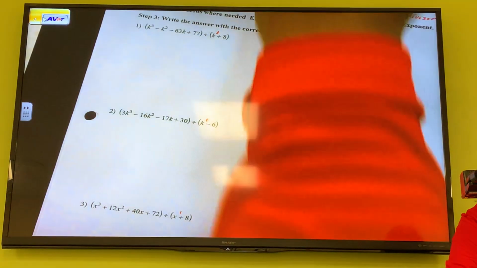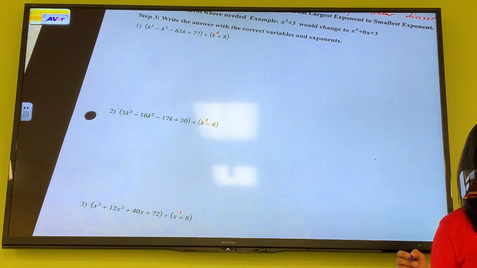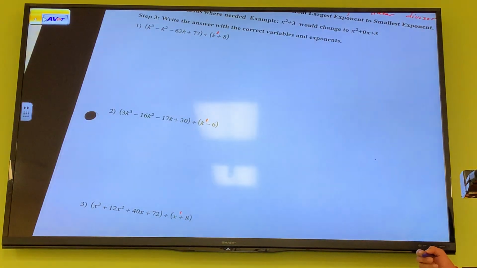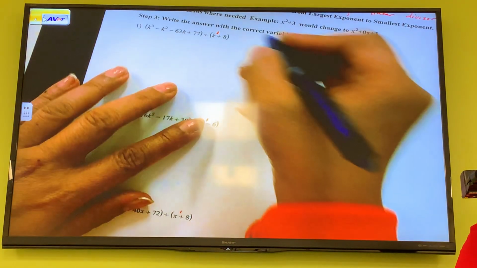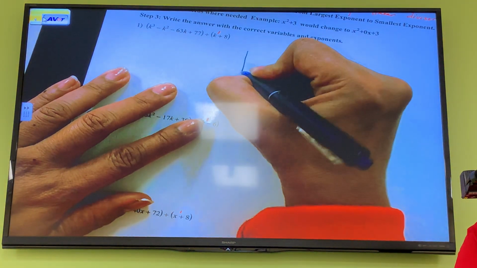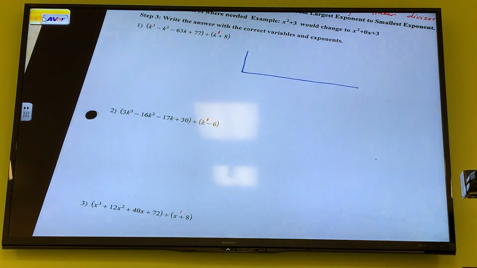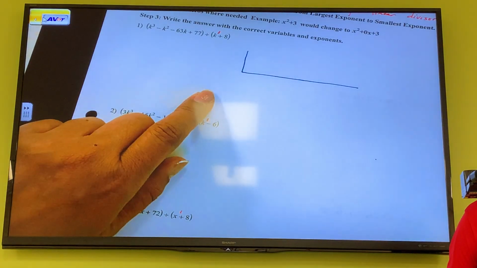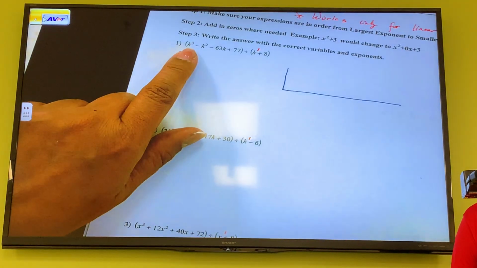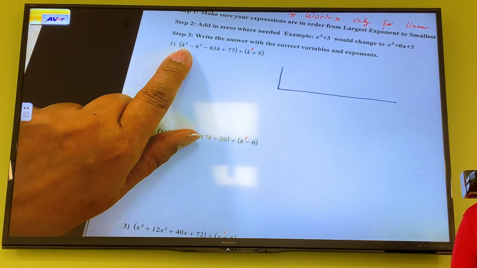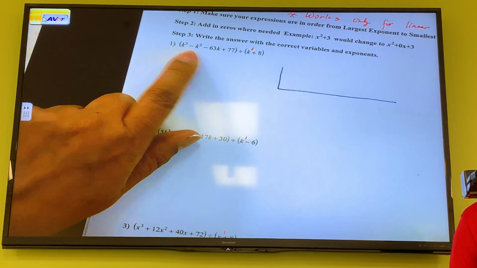So to set it up, we're going to set it up the same way as we set it up in the long division, except in a very weird way. So what we do is we do our division upside down. Then we're going to use only the numerical coefficients of your dividend, the one that you're going to divide.